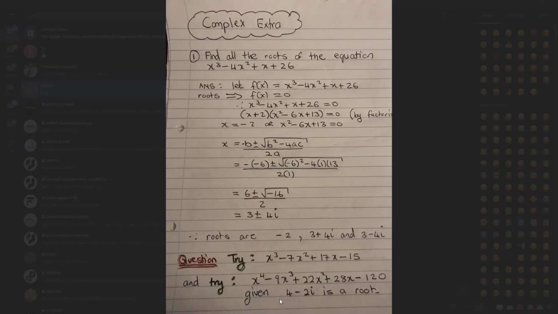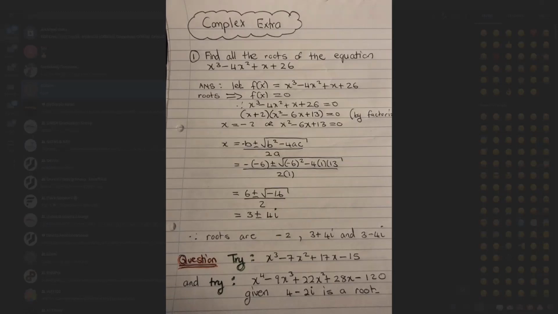Oh, you mean the second one? Yes, this one. When you're given the roots, it's much easier. But I don't know how to put it back in, because I tried yesterday but it wasn't going anywhere.